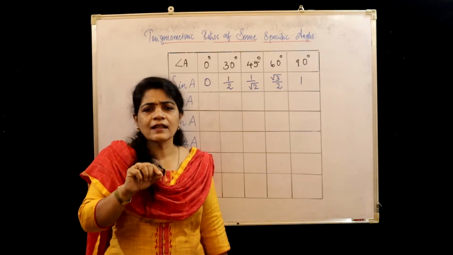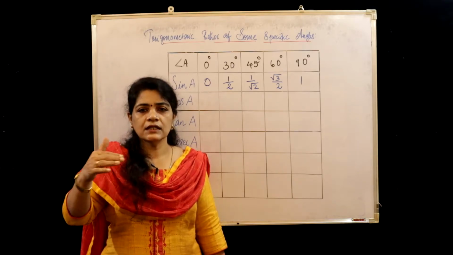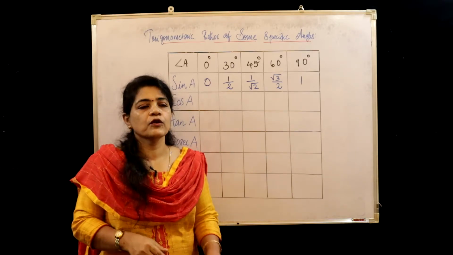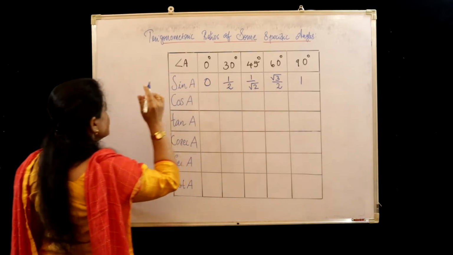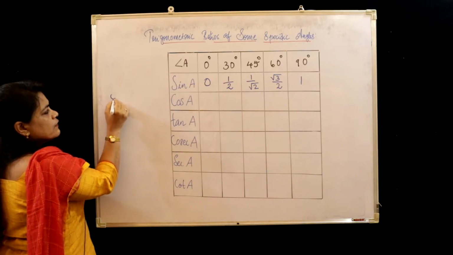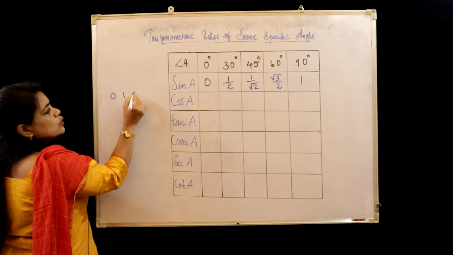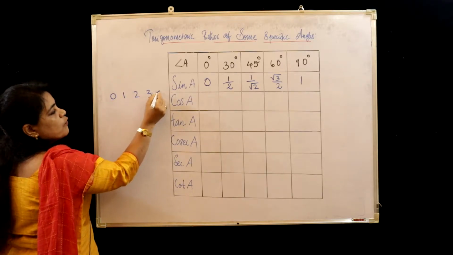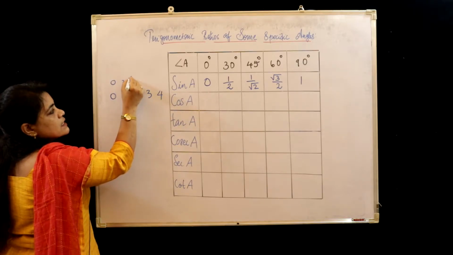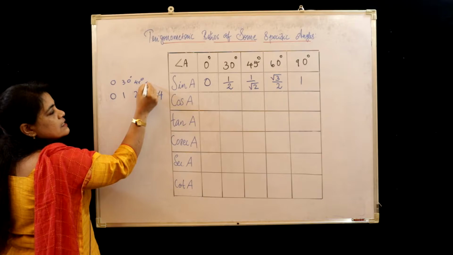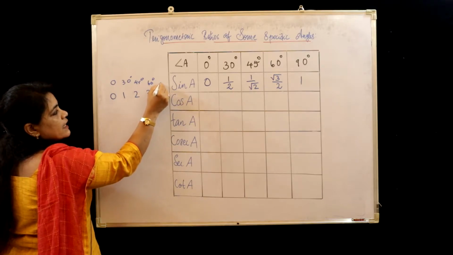And for those who find it difficult to learn this first row, I will give you a trick. Instead of this row, I am writing here, you write starting with 0, 1, 2, 3, 4. See children, this is 0 degree, 30 degree, this is 45 degree, this is 60 degree, and this is 90 degree.